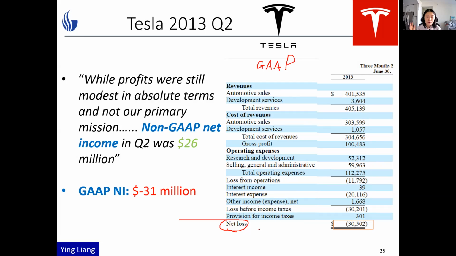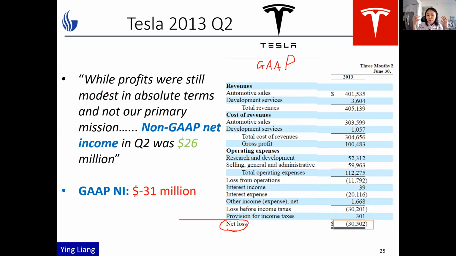But they also provided non-GAAP earnings, and this is what they say: while profits were still modest in absolute terms. But if it is not an absolute term, you have a negative. In absolute terms, you have a small number.